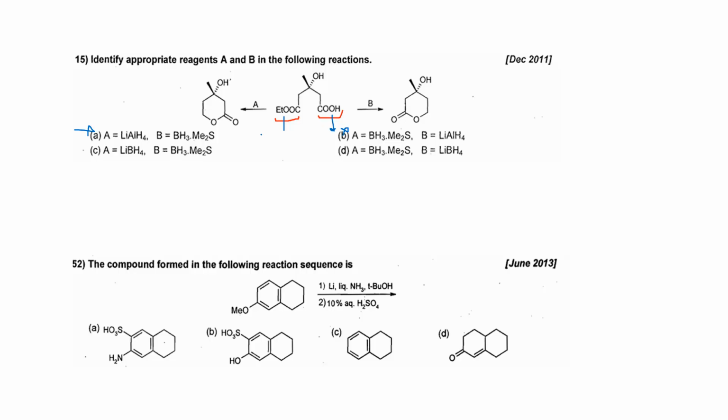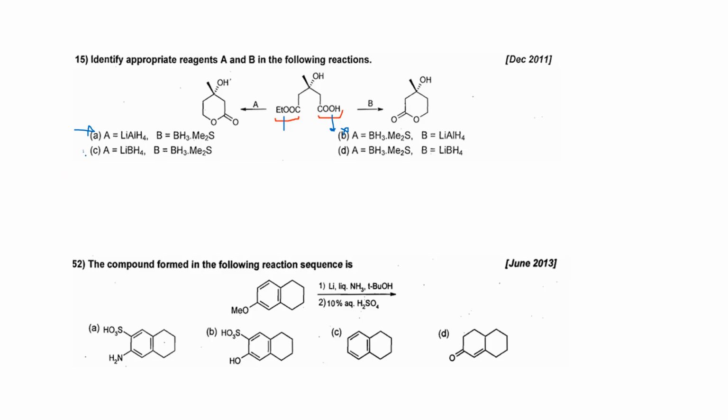Now next is, we know to reduce acid specifically in presence of other groups, we usually use borane. So for B we use borane.